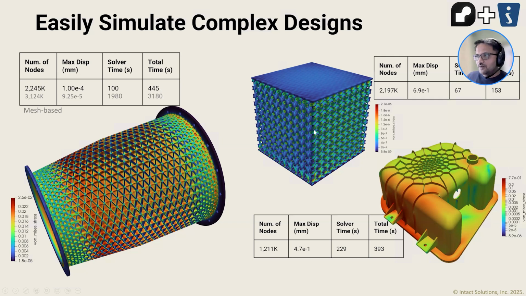For another extremely complex design, this 10 by 10 by 10 thin wall gyroid lattice, we were unable to mesh on our computer in reasonable time, but with Intact, being meshless, we are able to do this in hundreds of seconds, almost 2 million nodes. And same with this one, we are able to run this simulation in 400 seconds and get a good result.